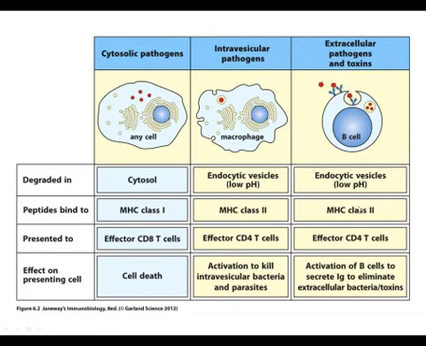Once they're endocytosed, they're presented on MHC class 2 to CD4 positive T cells. And CD4 positive T cells, of course, act by secreting cytokines that are going to activate B cells to increase antibody production. They're also going to secrete cytokines that are going to increase the capability of macrophages to effectively endocytose bacteria and destroy them.